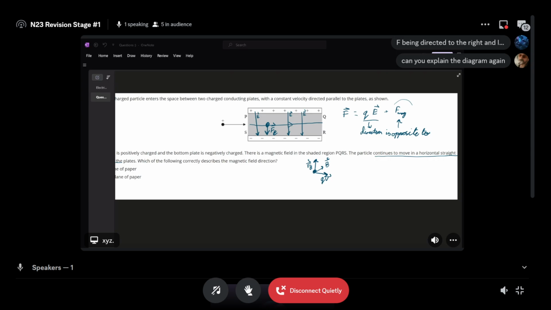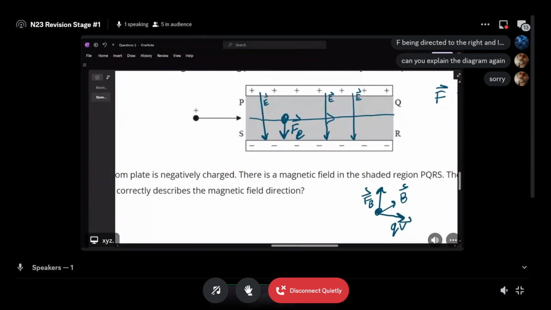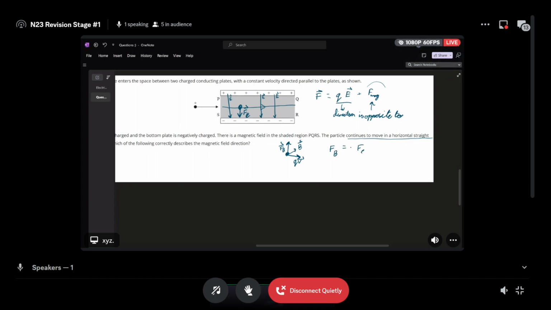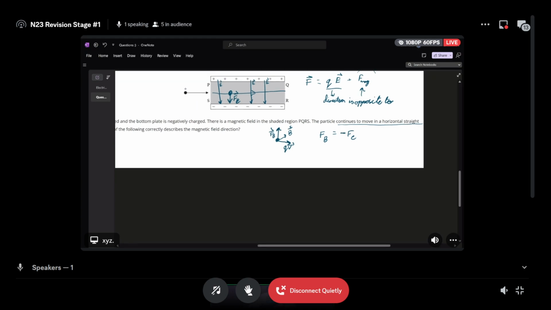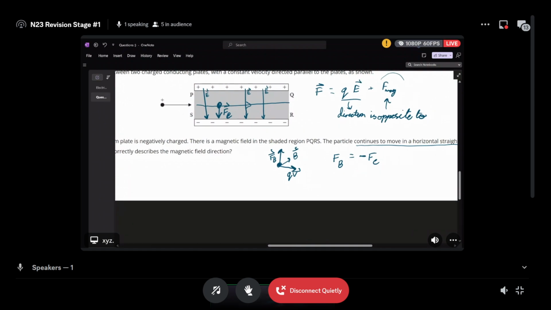Of course. So we want F to be opposite. FB is equal to minus FE, right? The opposite direction. And in order for that to be true, we want the force induced by the magnetic field to be upwards.